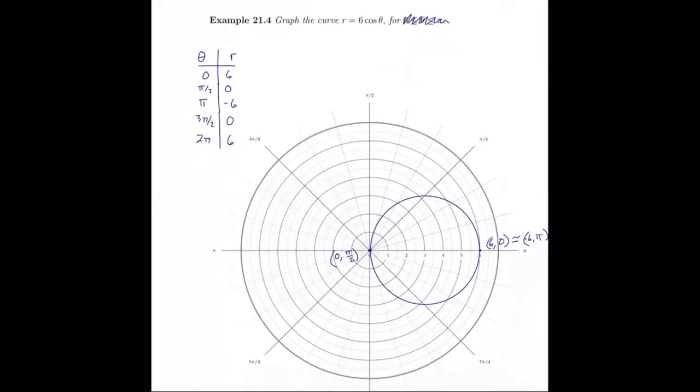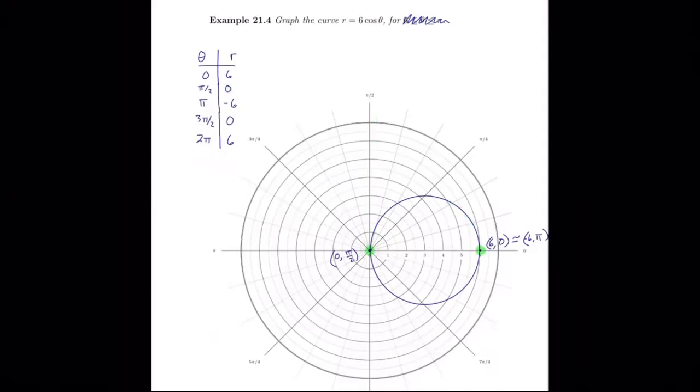So at 0, angle is 0, we're here. Remember to plot these as polar curves. They are not Cartesian. So angle 0 is along the polar axis. We're a distance 6 away, so we're at this point to start. Now, we sweep to pi over 2. It's along this angle, but our radius is 0, so we're a 0 distance from the pole.